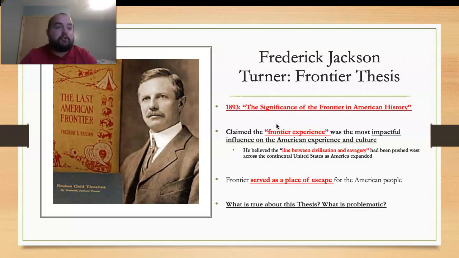Alright, there are arguably, according to some historians, a few true things about this frontier thesis. There obviously is some truth to the fact that some sort of line was pushed back to the west as Americans began to settle and expand west. And as we're going to talk about in a second, it is true that many Americans viewed it this way, that they were going out and civilizing the savage West.